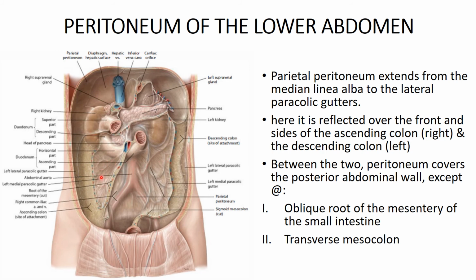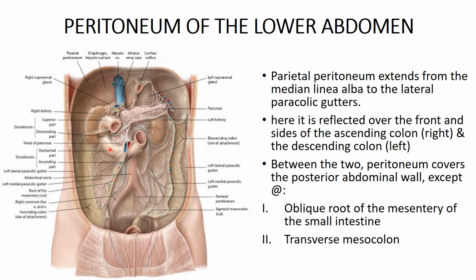Now between these two, the peritoneum covers the posterior abdominal wall, where it covers the psoas major and quadratus lumborum as well as the inferior vena cava, the abdominal aorta and its bifurcation into the common iliac, and the ureter, and above, the duodenum except the first part.